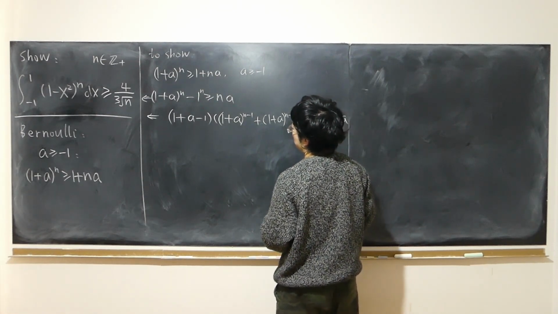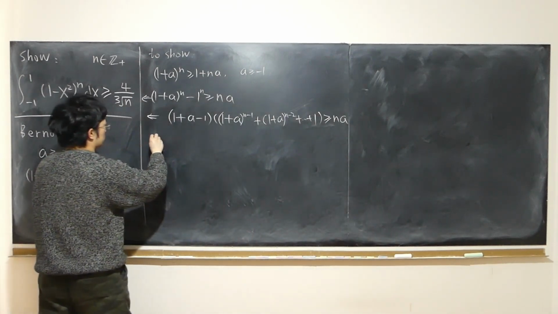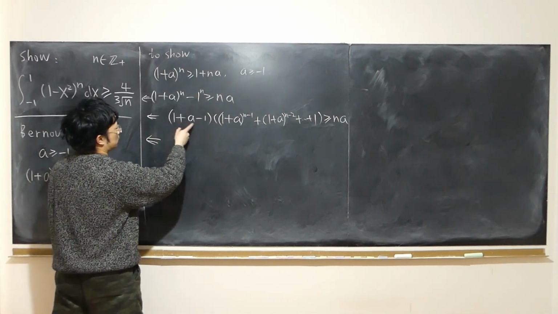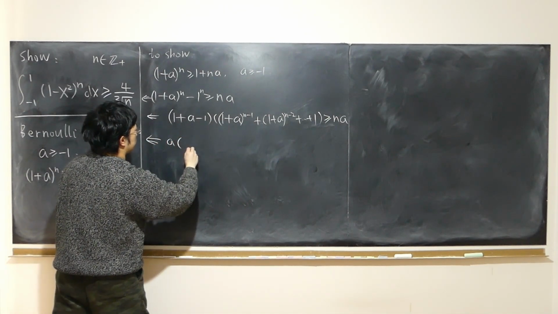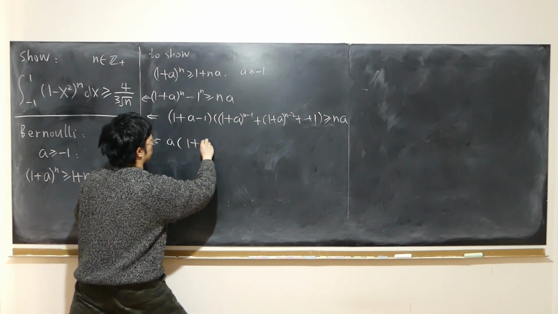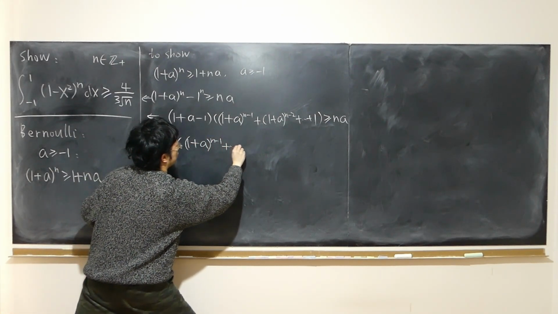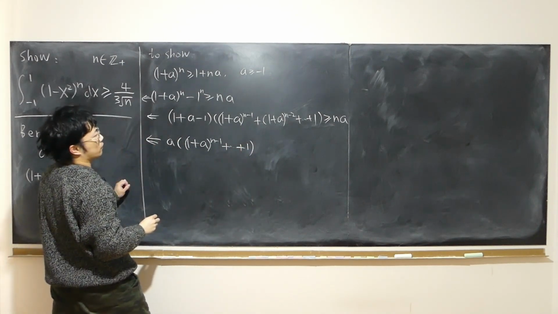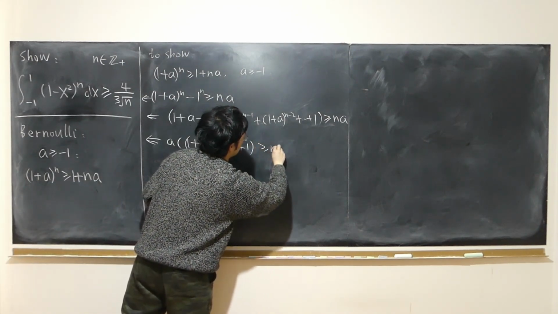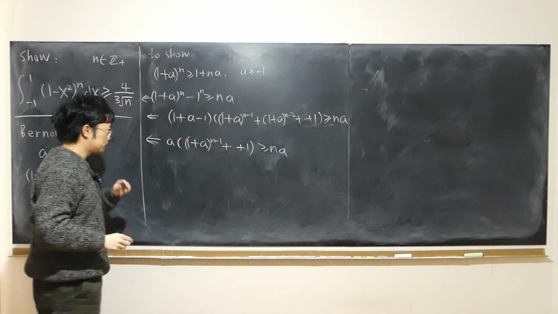In other words, this is just a times the quantity (1 plus a) to the power of n minus 1 all the way down to 1 is bigger than or equal to na. Right, that's all we have to show.